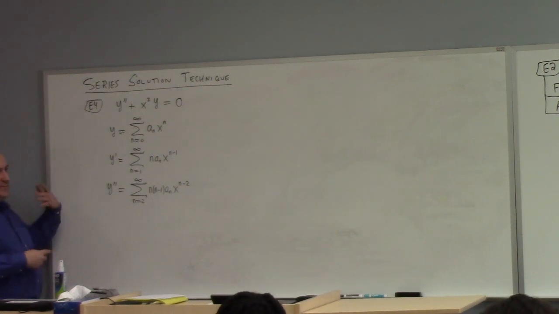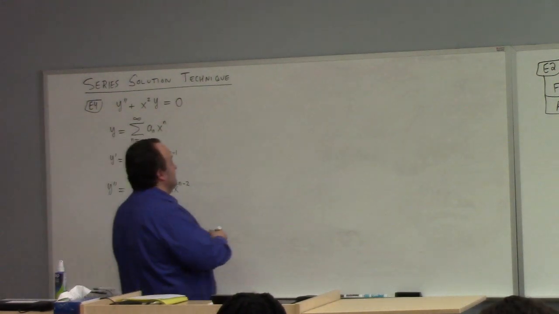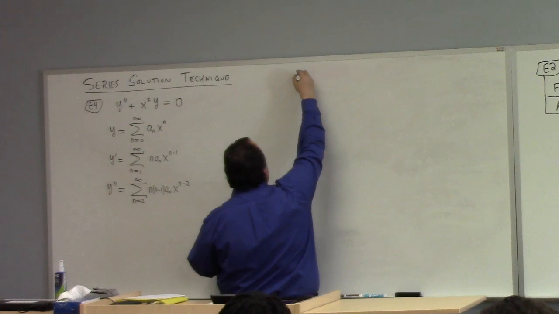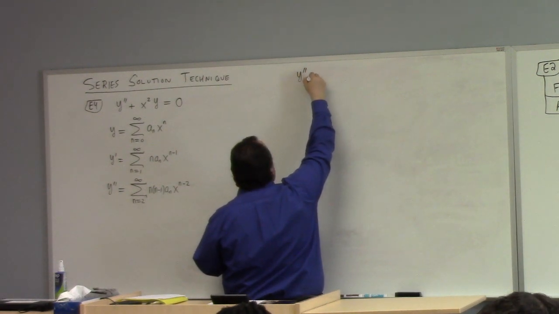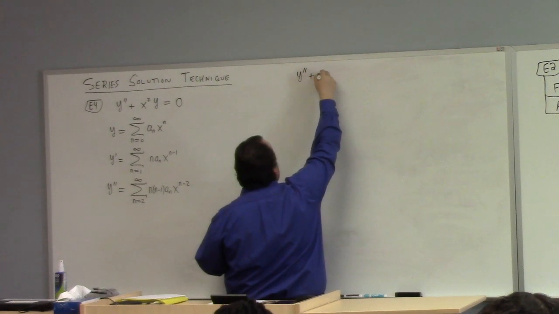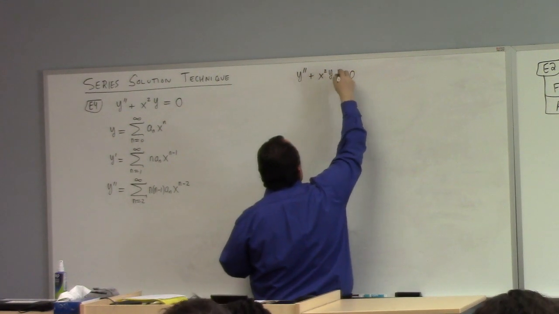Okay, so now we've got our three series. We plug it in. I'll write it up here, trying to leave myself room. y double prime plus x squared y equals 0.